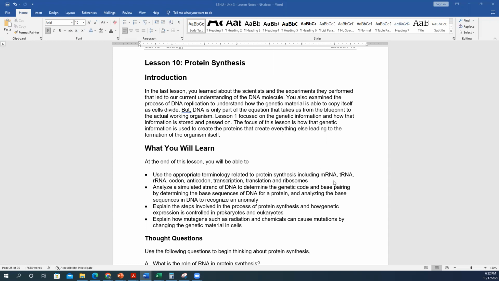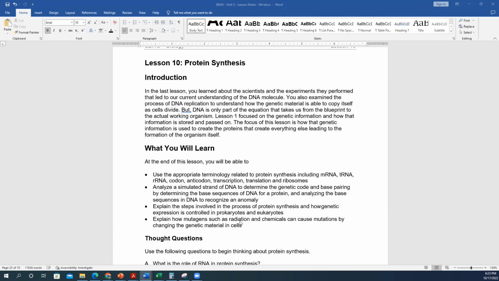We will talk about terms such as mRNA, tRNA, rRNA, the terms codon, anticodon, transcription, translation, and we'll also talk about the ribosomes. We'll also look closely at a strand of DNA, for example, to look at the genetic code and how the base pairing is determined by the sequence of the DNA and how that sequence gets translated to protein, and also figure out what happens when there are anomalies and mutations along the way.